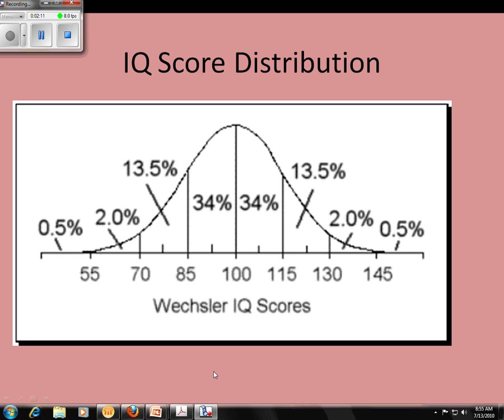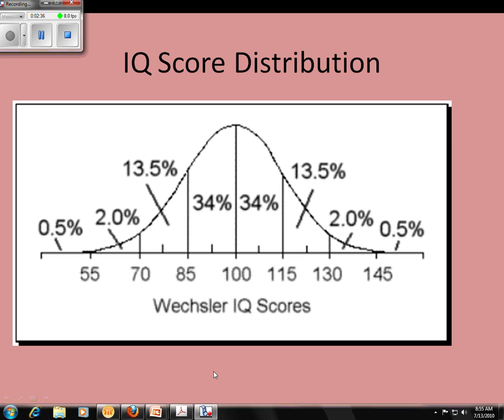Okay, so where do we get the discrepancy formula and how do we use it? Well, what we want to do is look at the difference between a student's IQ and their achievement scores. And achievement scores are done using the same metric as IQ scores so we can compare them.